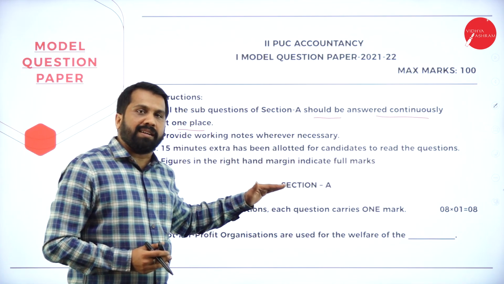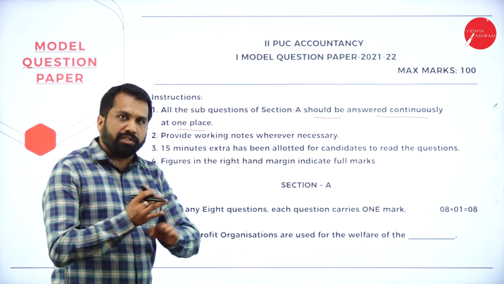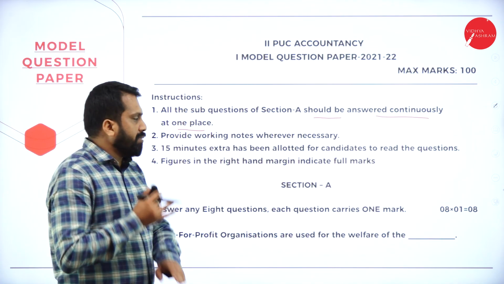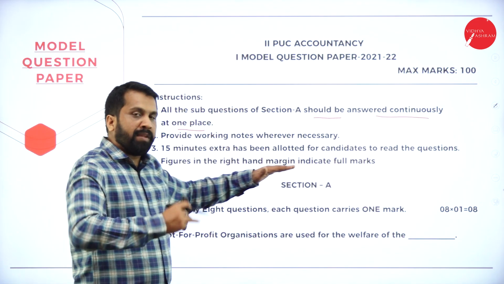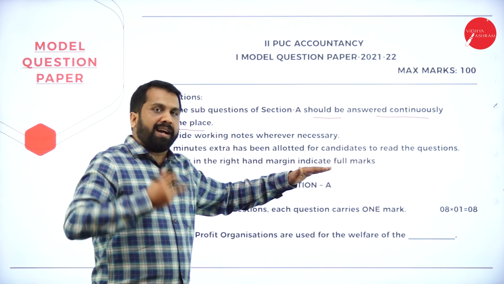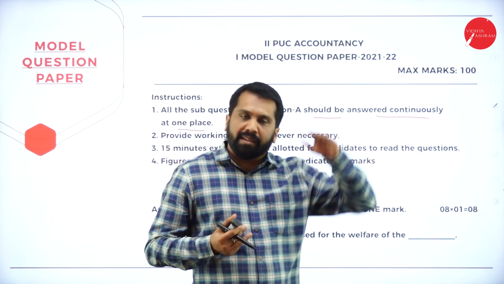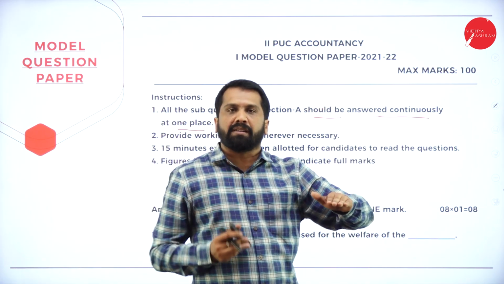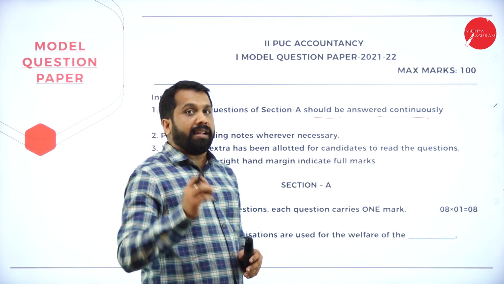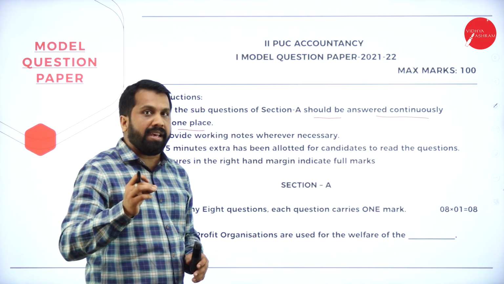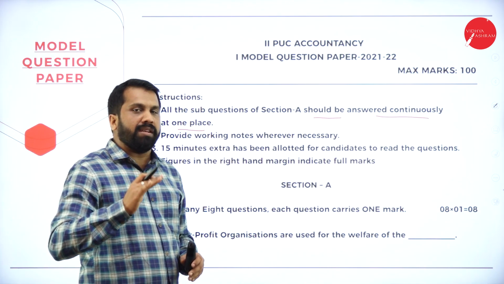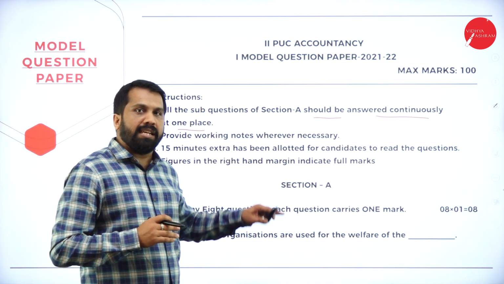Then you come to part B. Clear? Don't shuffle, don't mess up. Please complete part A, then you go to part B. In part A, if you have any confusions or if you want to write later, leave space, go to part B. Unless and until you complete your part A, don't go to part B. If you have not completed, leave space.